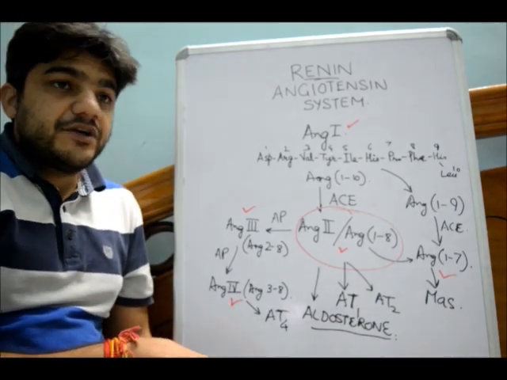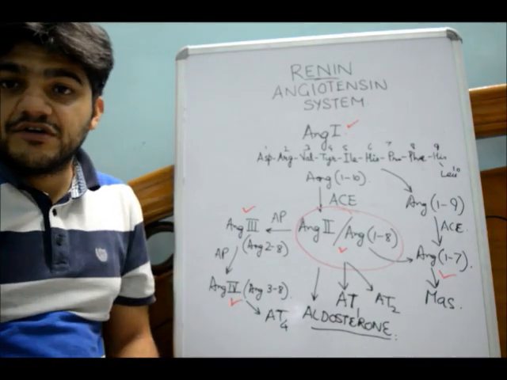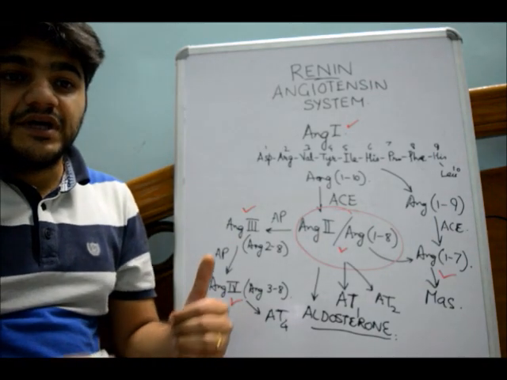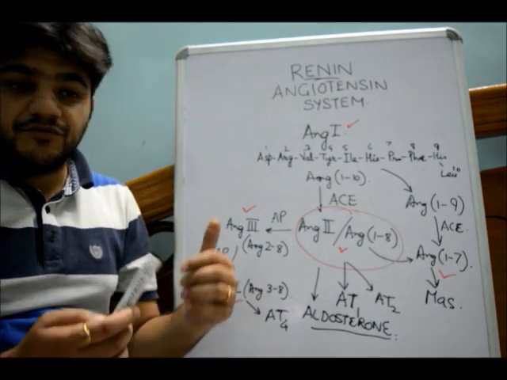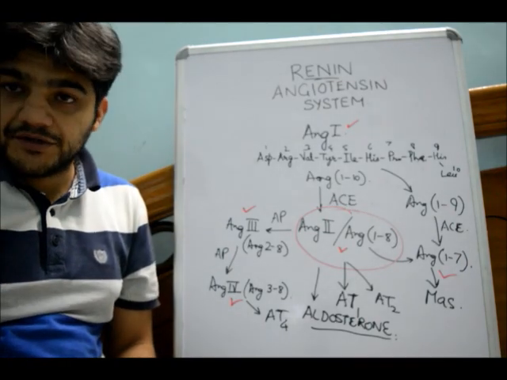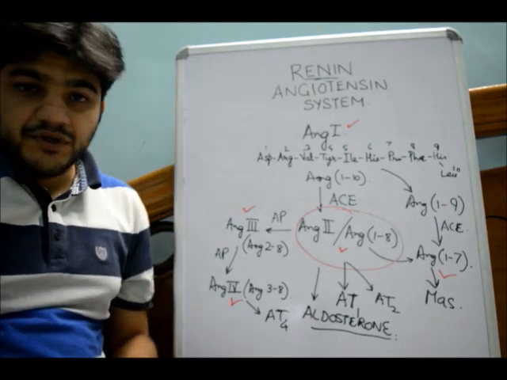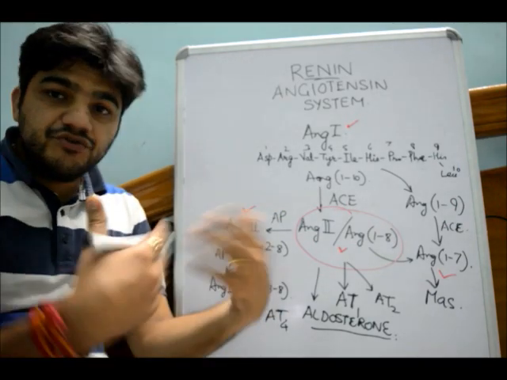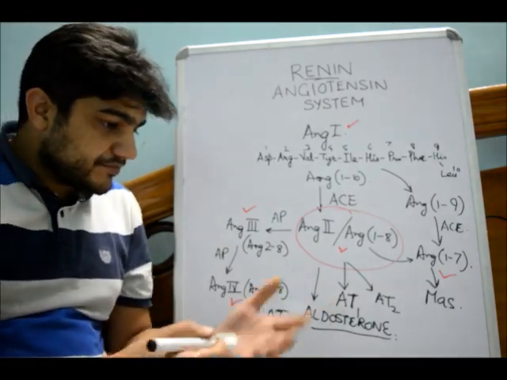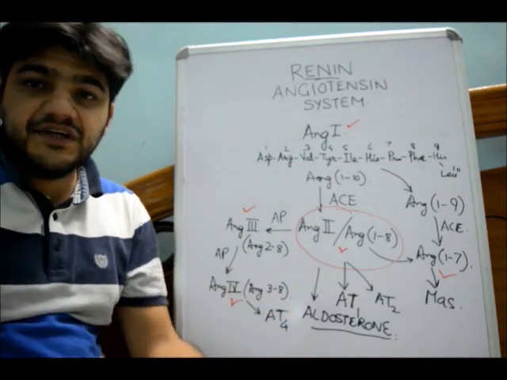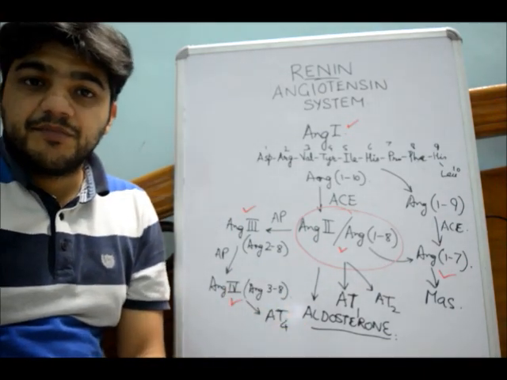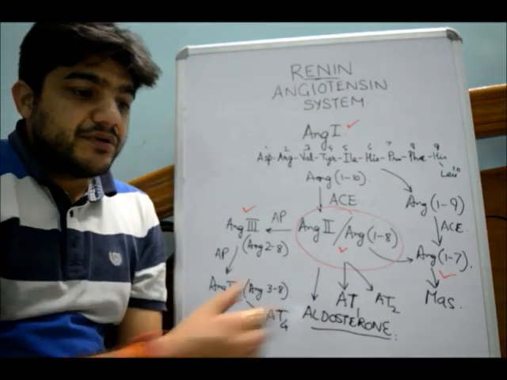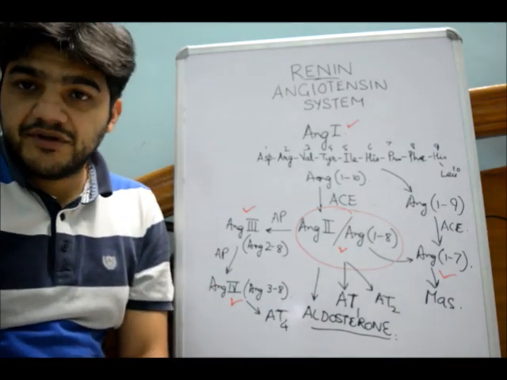When the sympathetic tone is more, again vasoconstriction occurs. So all these things ultimately lead to an increase in blood volume and blood pressure. This is a normal physiological function, but whenever this function goes beyond what is needed, it becomes pathological.